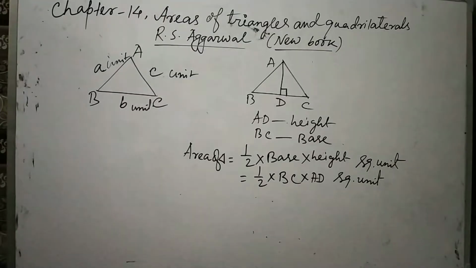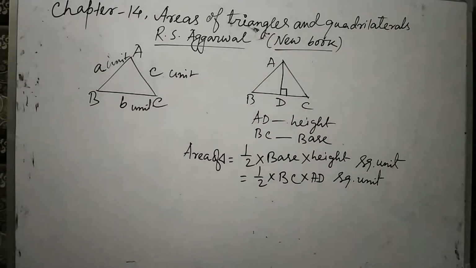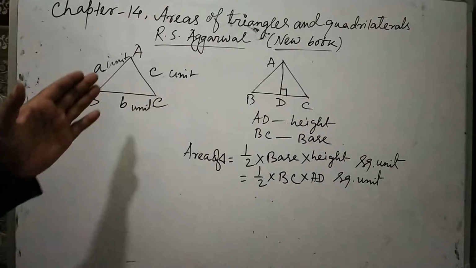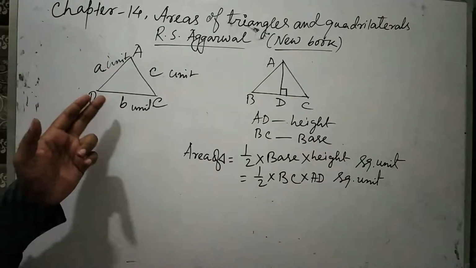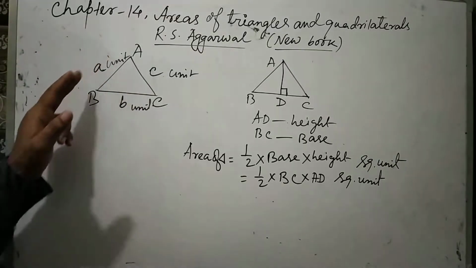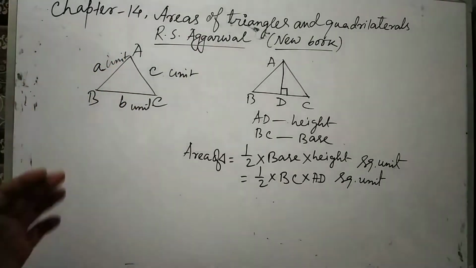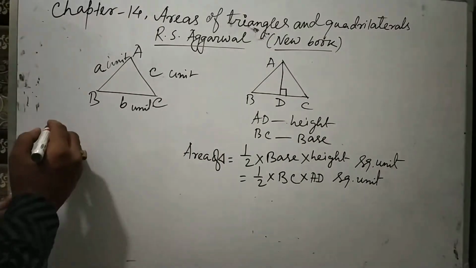Then there is another formula called Heron's formula, by which you can easily find out the area of the triangle where the heights are not given, only the sides are given.